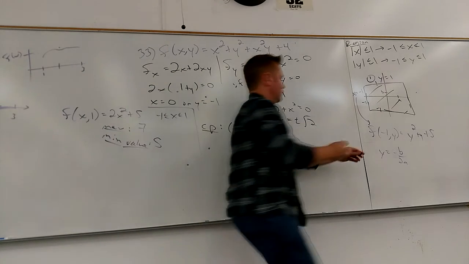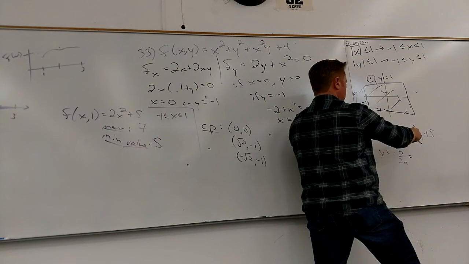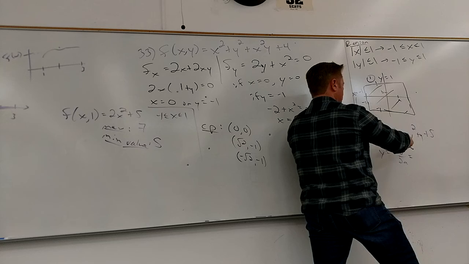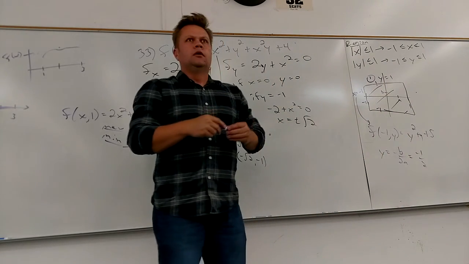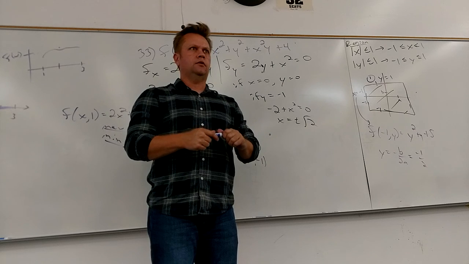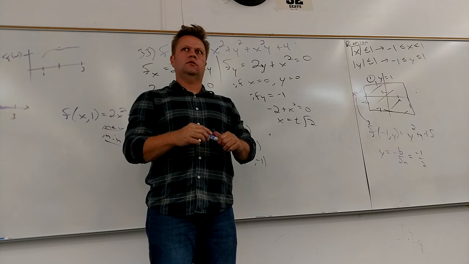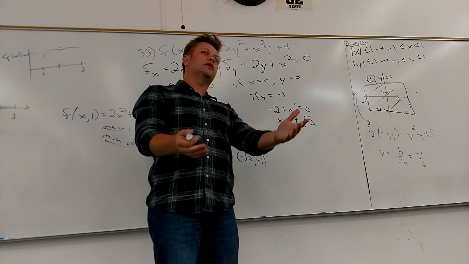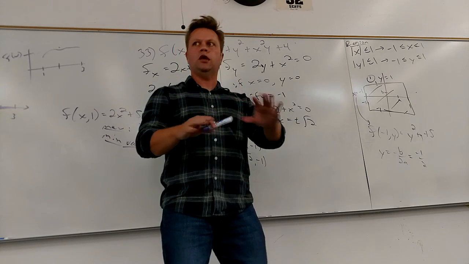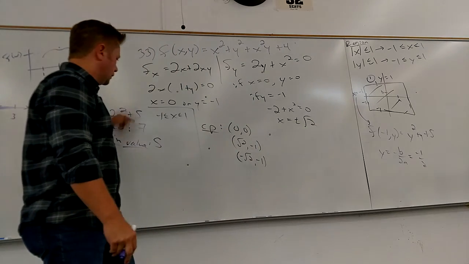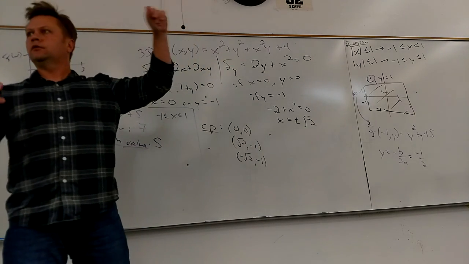So what would this be? What's b? 1. What's a? 1. So it'll be negative 1/2. You plug that in and see what the actual output is for that. You just repeat the process we did here for every side.